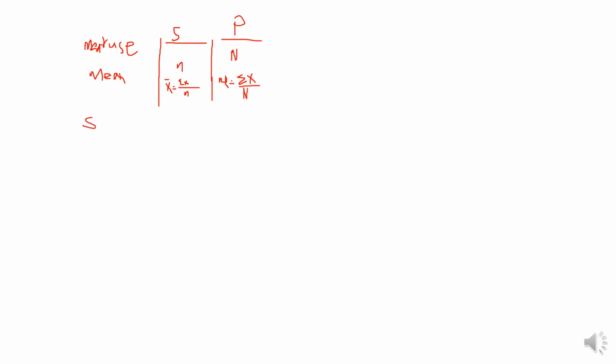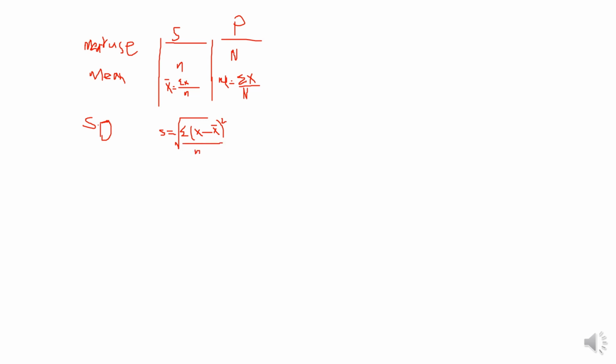The next is about the standard deviation. For the statistic or sample, we use the formula s equals the square root of summation of x minus x bar, whole square, divided by small n.